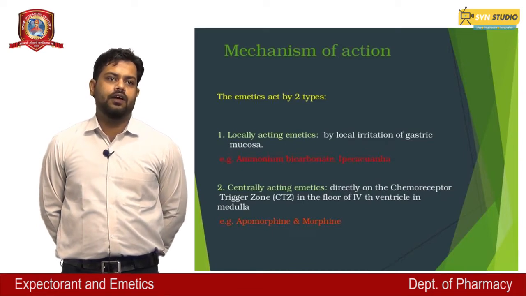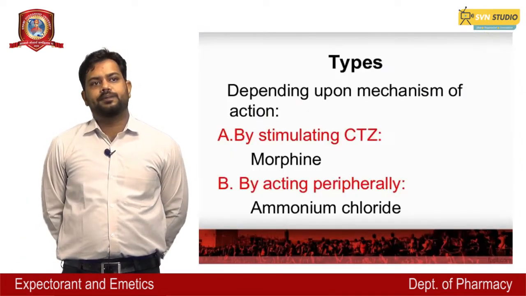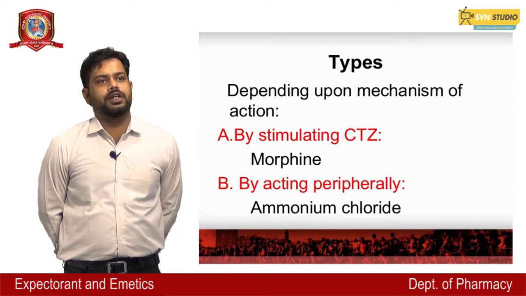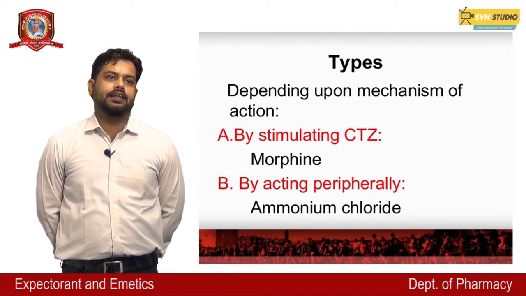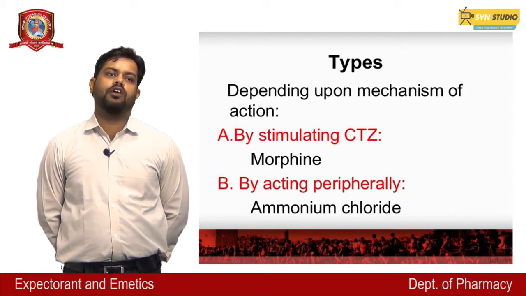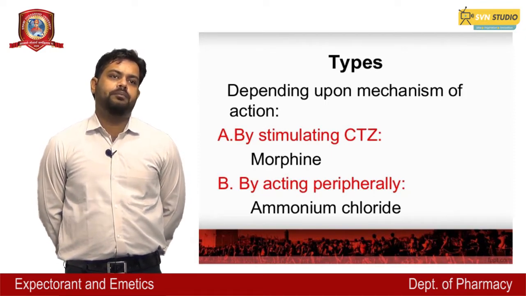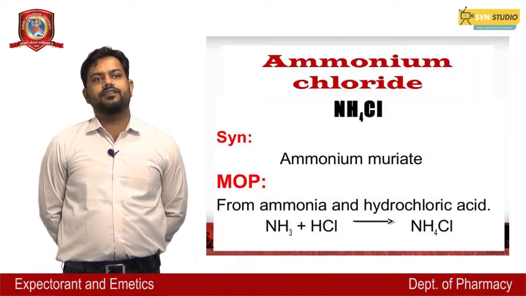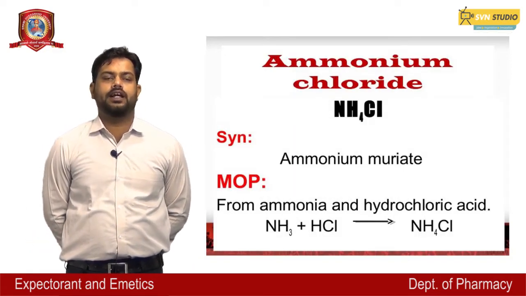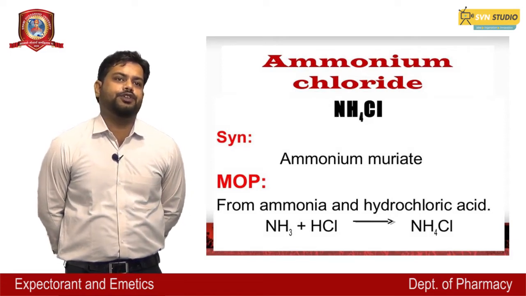Examples are apomorphine and morphine. Depending on the mechanism, types are: A, stimulating the CTZ, for example morphine, and B, acting peripherally, for example ammonium chloride. Ammonium chloride is a main example, with the formula NH4Cl.